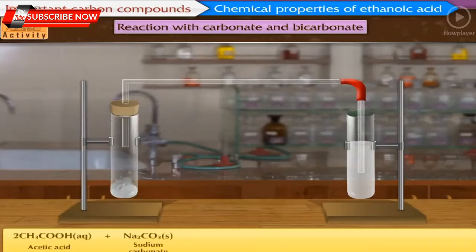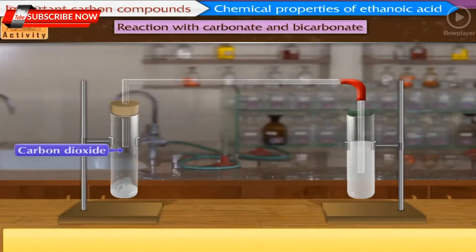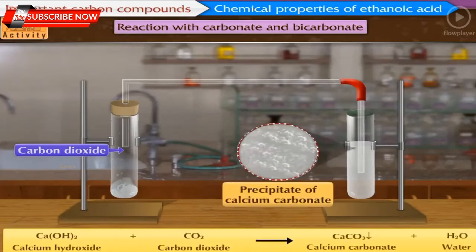Sodium carbonate reacts with acetic acid to form sodium acetate, water, and carbon dioxide gas. Reaction of carbon dioxide with calcium hydroxide, that is lime water, leads to the formation of an insoluble precipitate of calcium carbonate and it becomes milky.